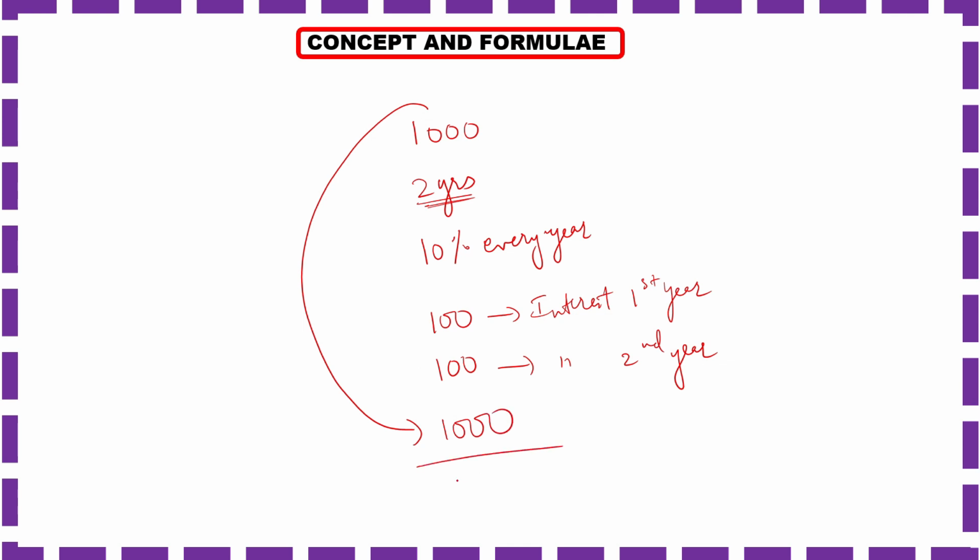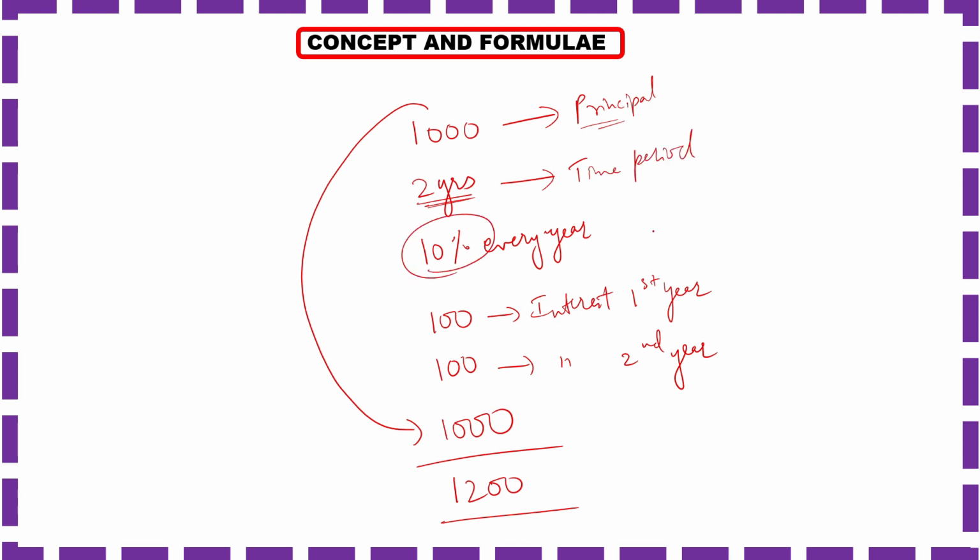So by the end of 2 years, you are paying 1,200 rupees to your friend along with the interest. If we name the terminologies, the initial amount that you borrowed from your friend is known as the principal amount, and the 2 years is known as the time period. And what is this 10%? 10% is the rate of interest.